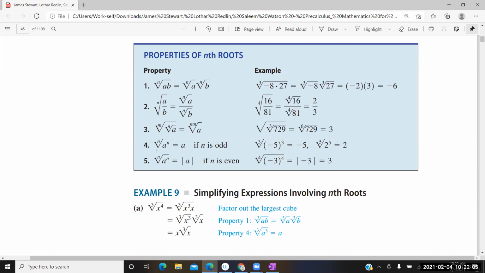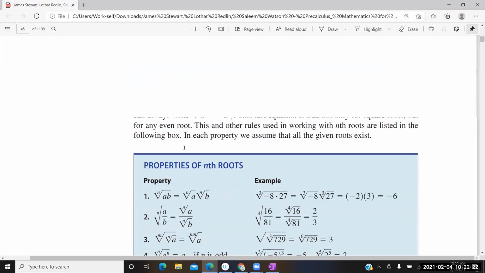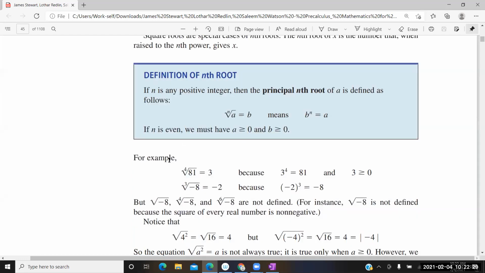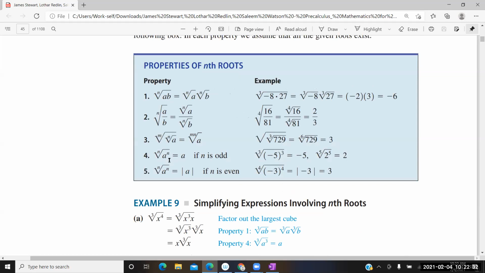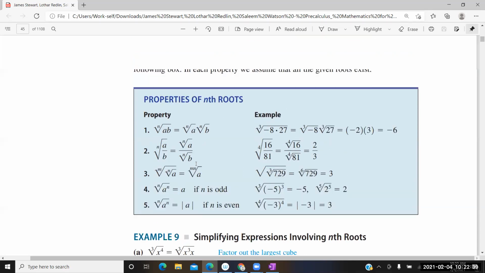And here's where you have to be careful about whether n is even or odd, or whether A is positive or negative. So if n is odd, then when you take the nth root of A to the n, you get A back. And that's exactly what I was saying in this definition up here. It says the nth root of A is that number, when you raise it to the nth power, you get A back. So that's exactly what this is saying right here.